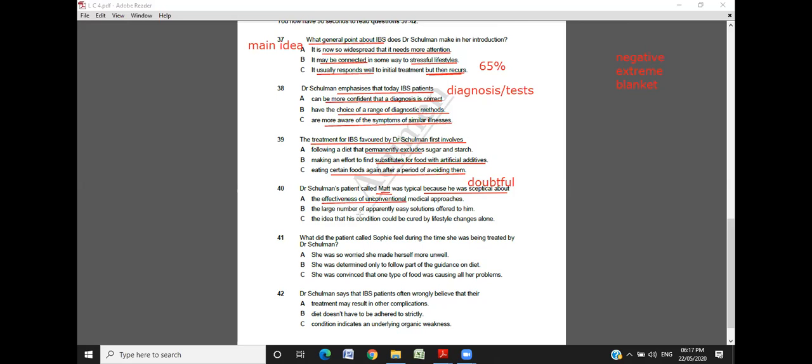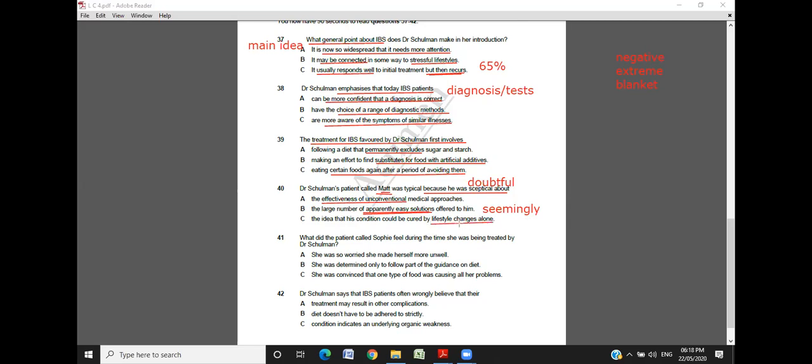Then large number of apparently easy solutions. Apparently means seemingly. Okay. Seemingly. They may seem very easy, but they actually may not be. And the idea that condition could be cured by lifestyle changes alone.